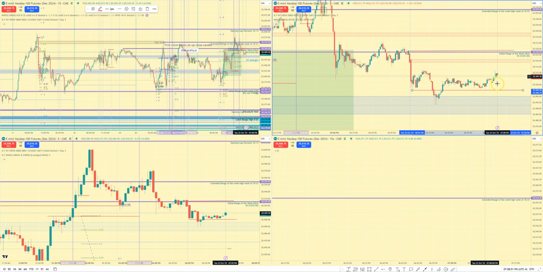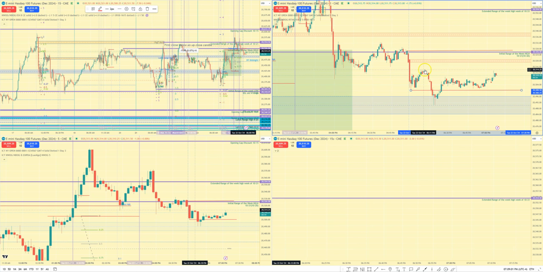Let's say price comes down and sweeps this, this is the initial here, because then price turned around and took out a high. So this is a swing here, swing there, swing. So this is the initial range from here to here.